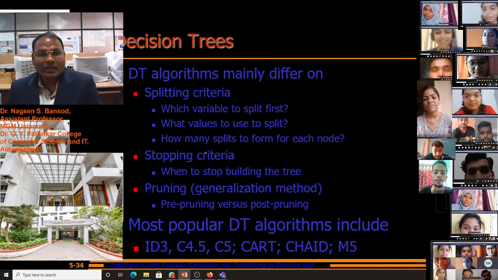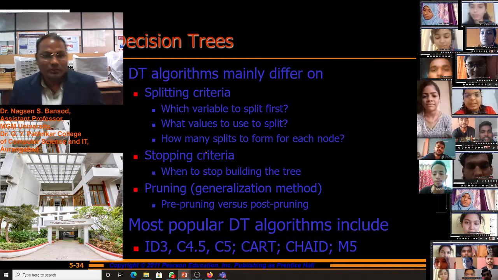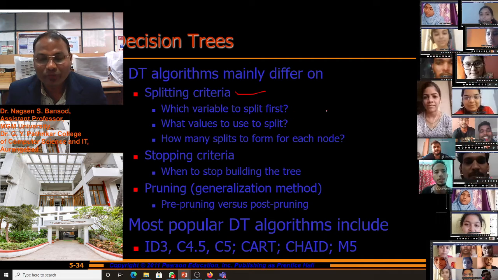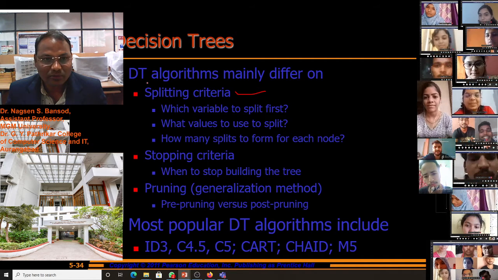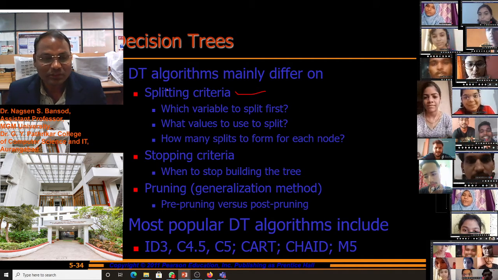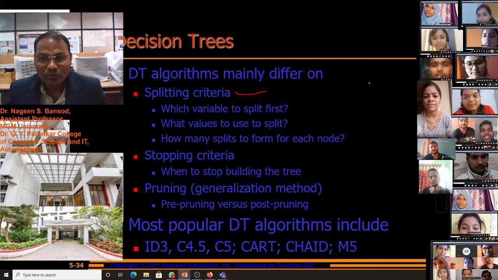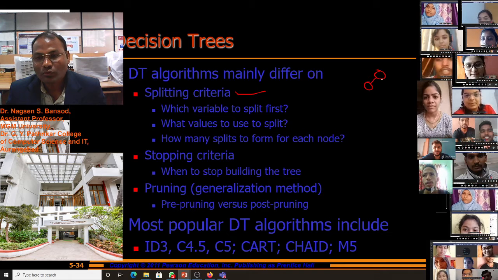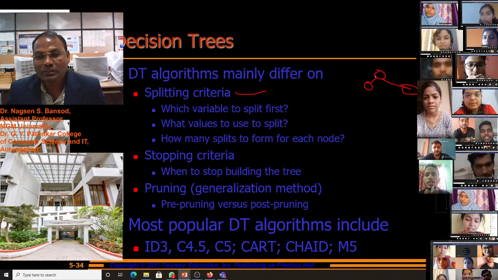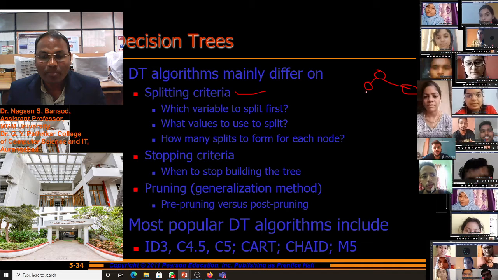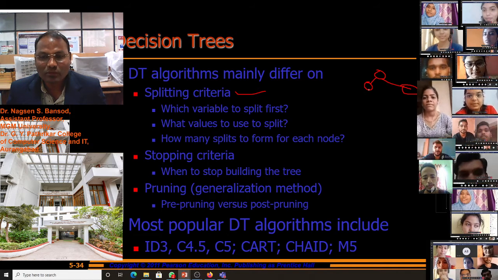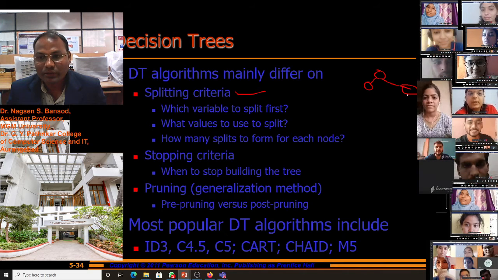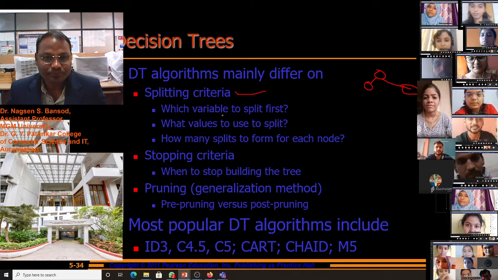Data mining algorithms mainly differ on the split criteria, which variable to split first. In a data mining decision tree algorithm, suppose there are two leaves to this root node. Then which leaf node do we have to split, this or this?